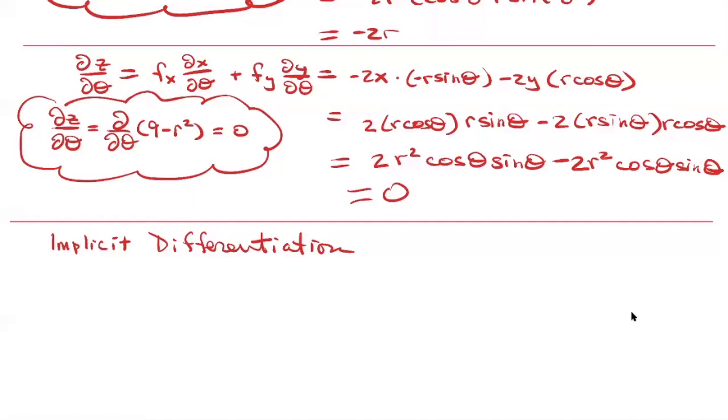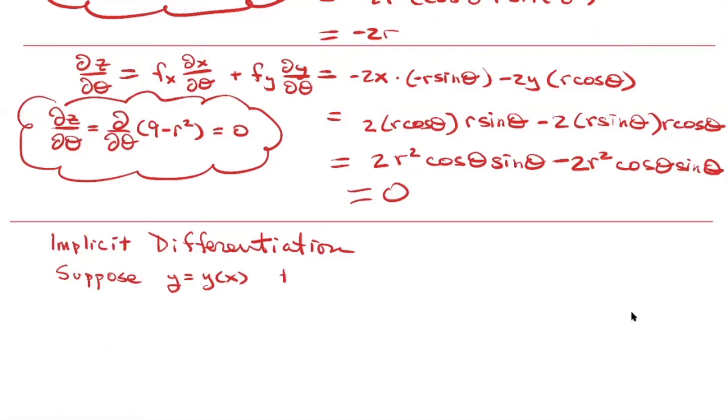So suppose y is a function of x. Maybe I want to say it this way, y is equal to y of x. So you know it's a function of x, and that's usually where we write that.